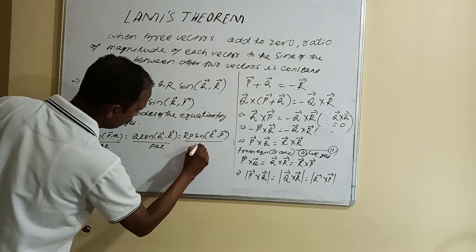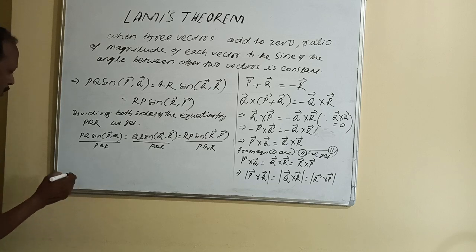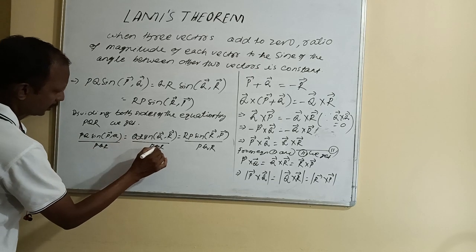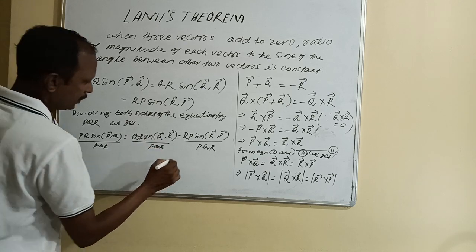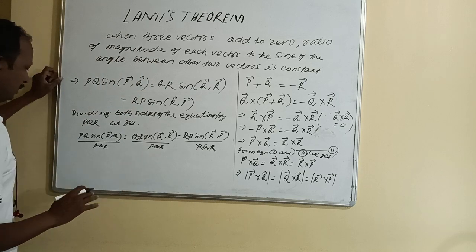This is also PQR. So this PQ cancel, QR cancel, this RP, this R and P both are cancelled.